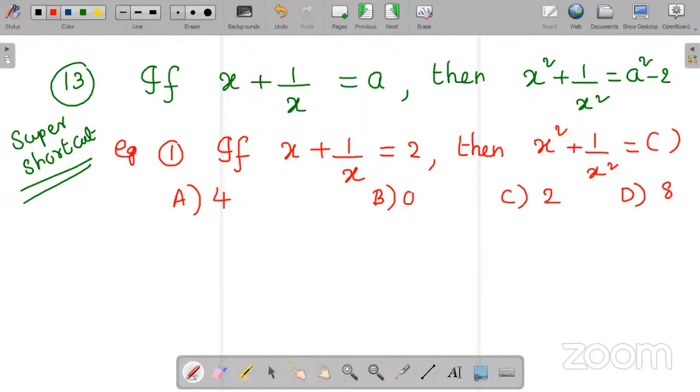Which is the right option? Tell me. You need to chart. Very simple technique you can apply. So what is your answer?